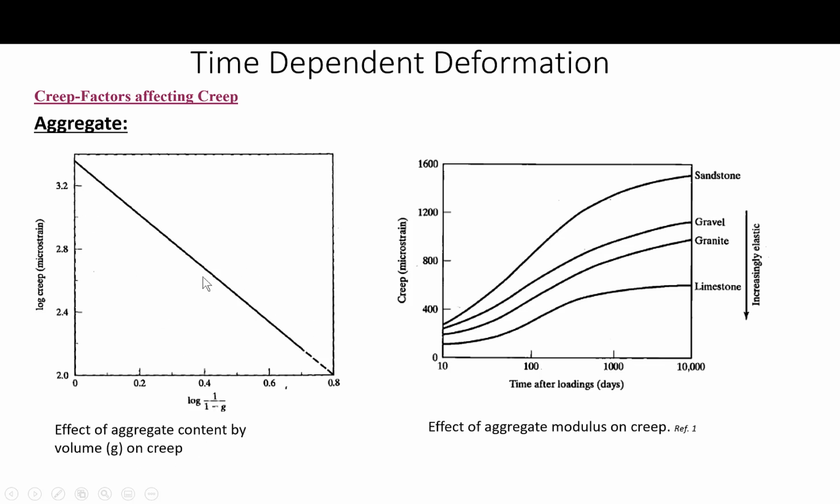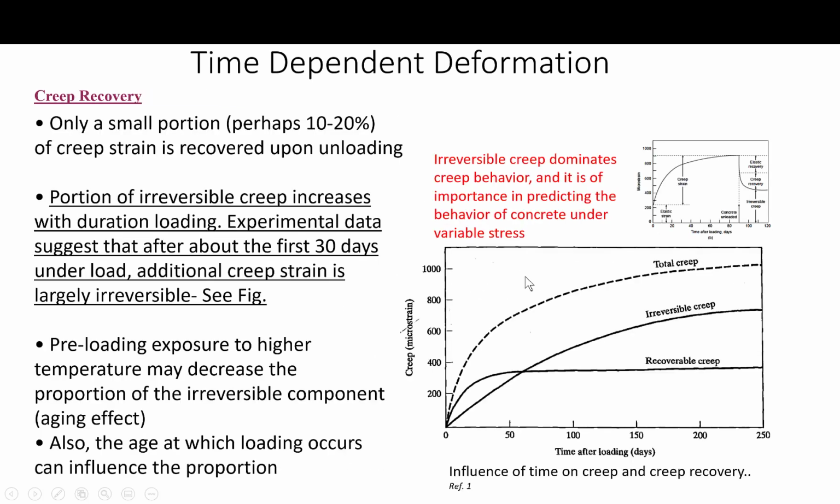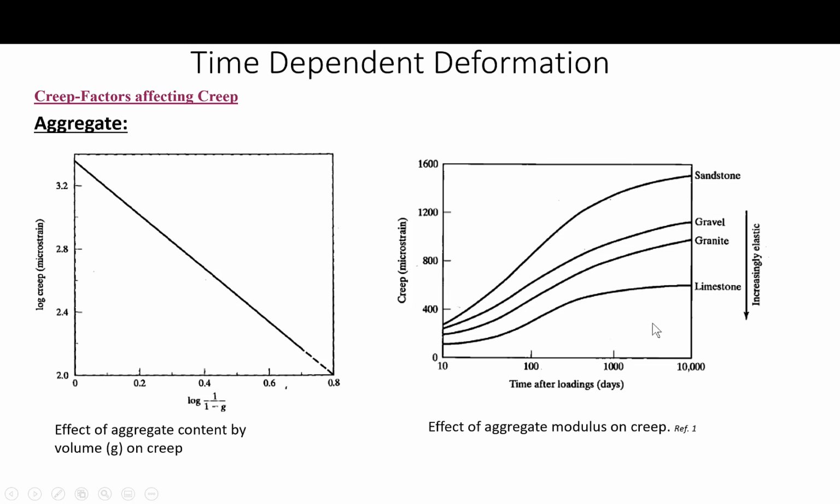As you can see, as it increases, the creep decreases. And we have here the increase in the modulus of elasticity, and basically how it decreases the resultant creep strain.